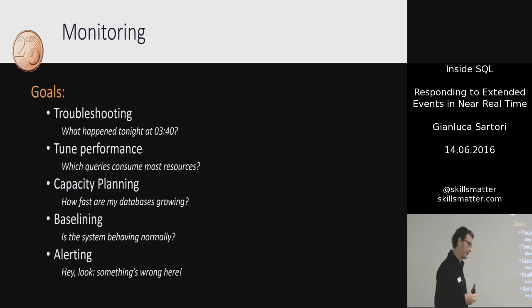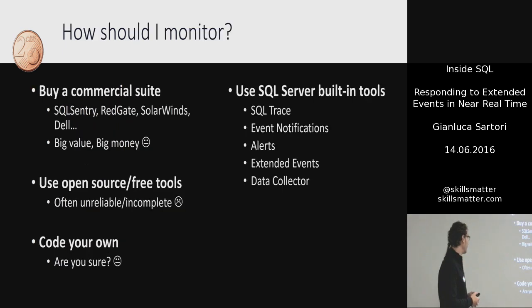So what will happen is something goes wrong, and you want to be notified when things are wrong. So how do you do your monitoring? The easiest way to do that is to buy a commercial product. There are lots of high quality products on the market to do exactly that.